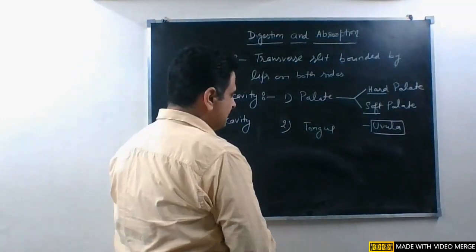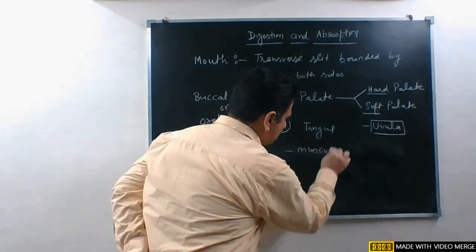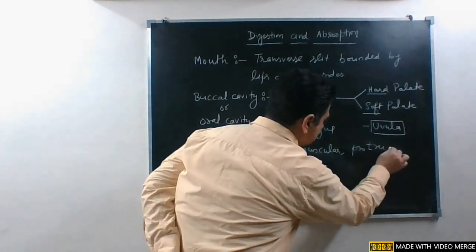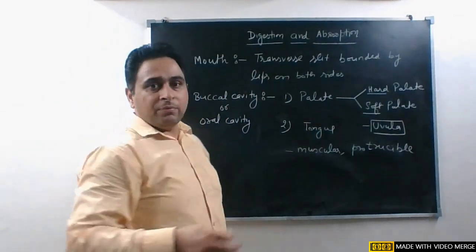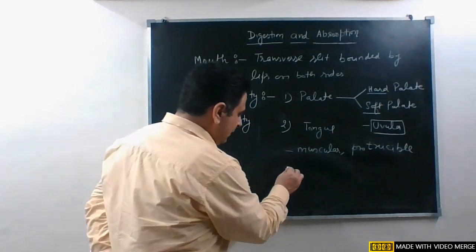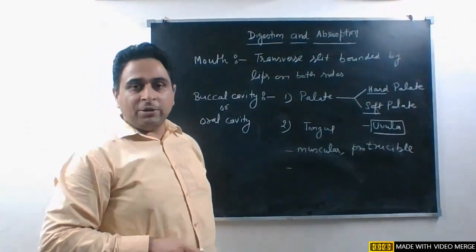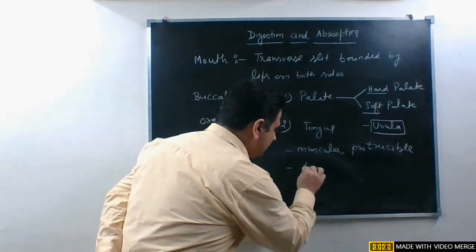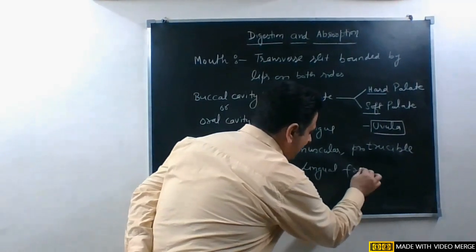Students, the tongue is a muscular, protrusible organ, which means it can be taken out, and it is attached to the floor of the buccal cavity with the help of a structure called the lingual frenulum.